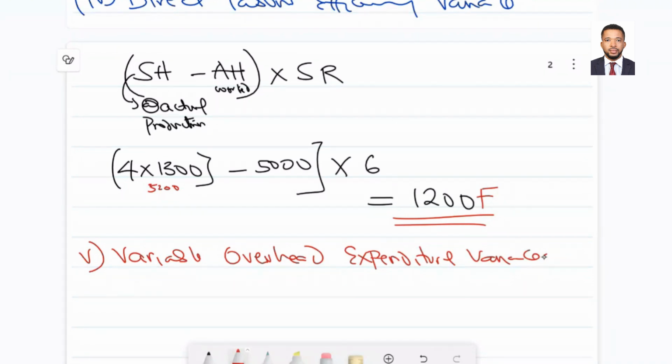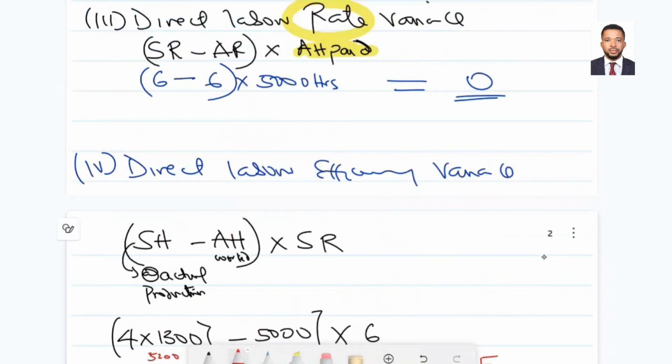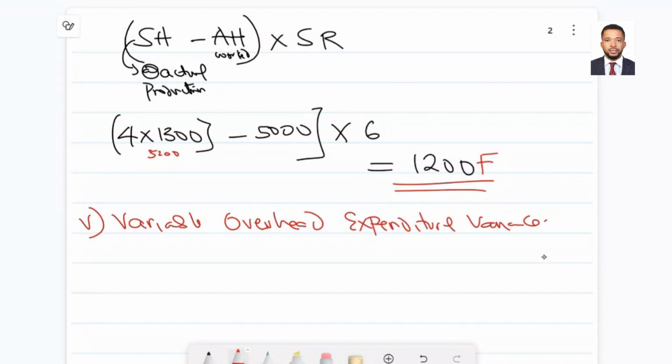But this time, instead of using the labor rate, you'll be using the rate that relates to variable overhead. Is that not the same formula? So here, I'll be having standard variable overhead rate minus actual variable overhead rate, multiplied by actual hours.